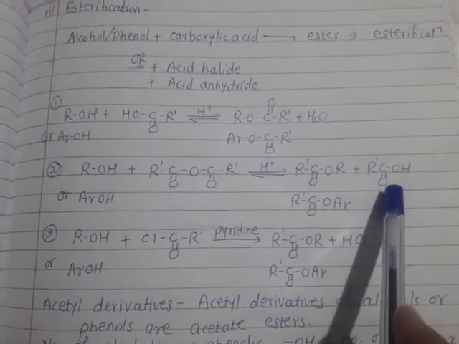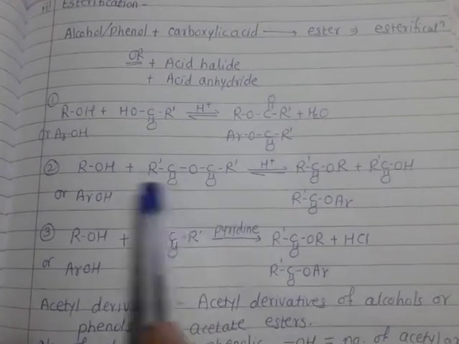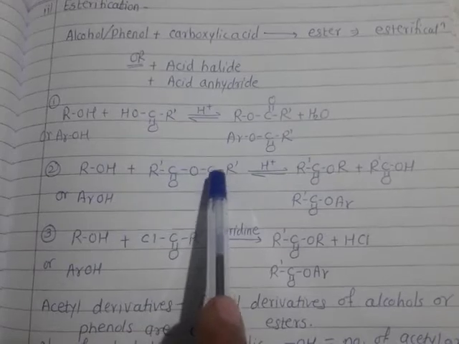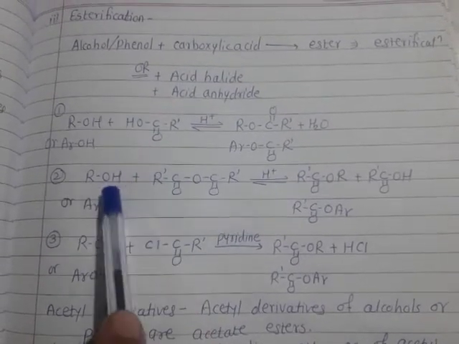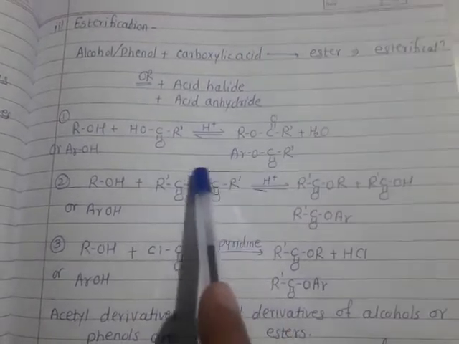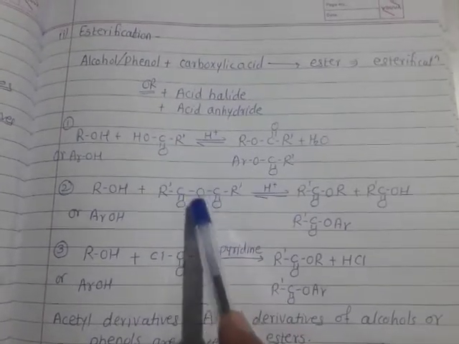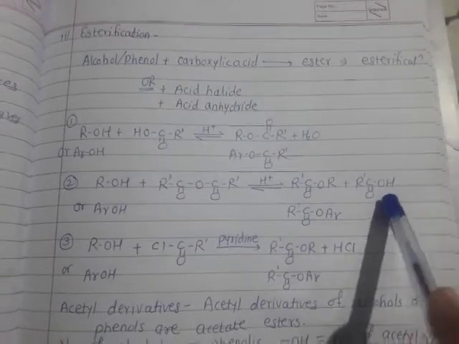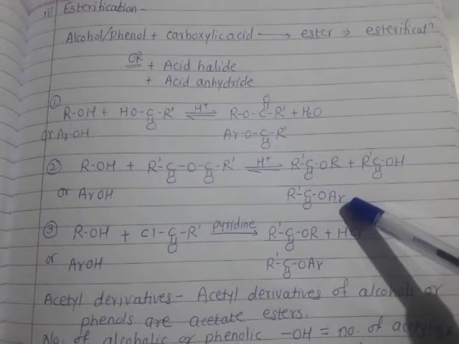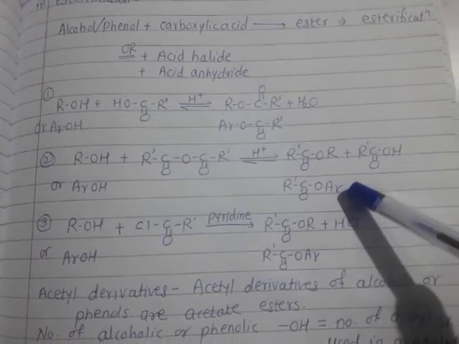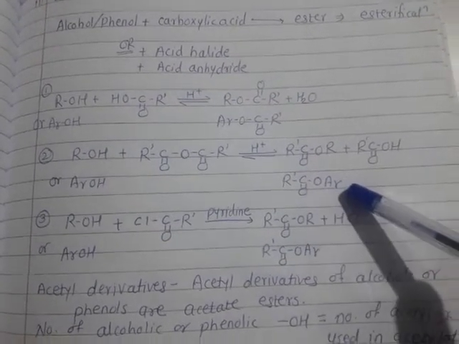So we get one carboxylic acid as the byproduct, and that R is attached to the carbonyl group, so we get R'COOR, and the rest of the group forms carboxylic acid, or the phenolic aryl group is attached to this carbonyl carbon.